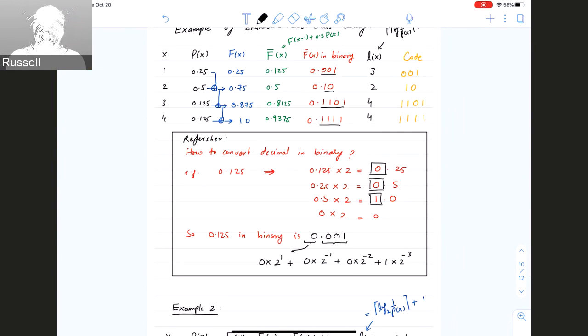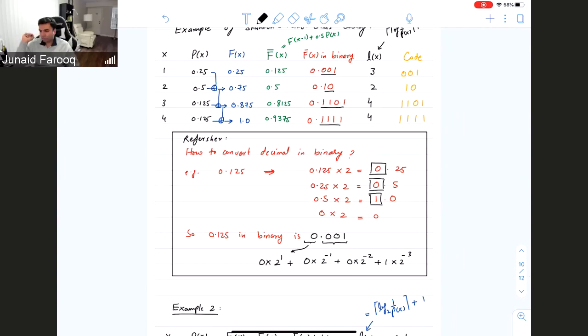Exactly. But the good thing about this code is it's based on the cumulative distribution. So notice that we move from knowing the probability distribution exactly to knowing just the cumulative distribution. Oftentimes, cumulative is easier to obtain.